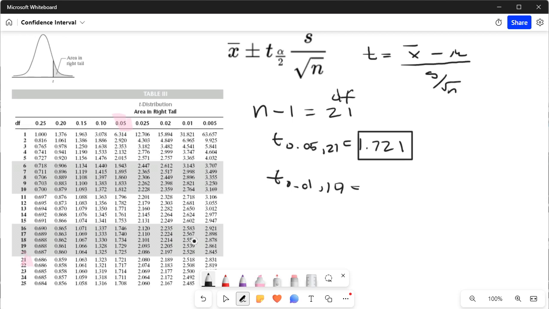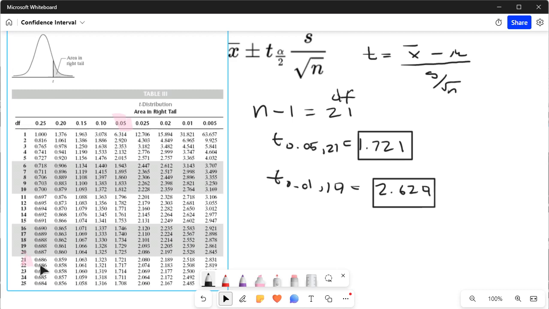You just look for the alpha region, which in this case is 0.01, and then look for the row with 14 degrees of freedom, and that would be 2.624. So this would be our critical value using alpha of 0.01 and degrees of freedom of 14.